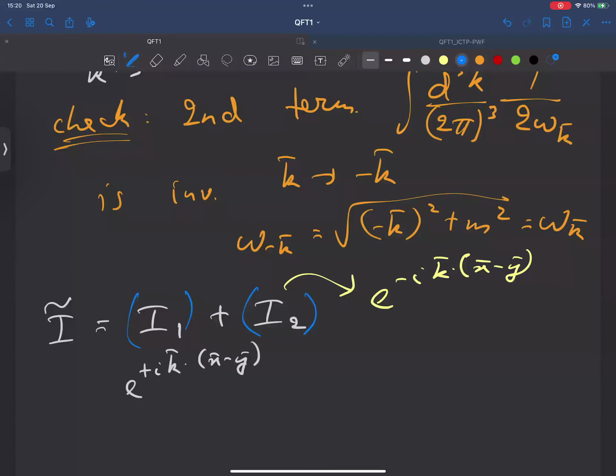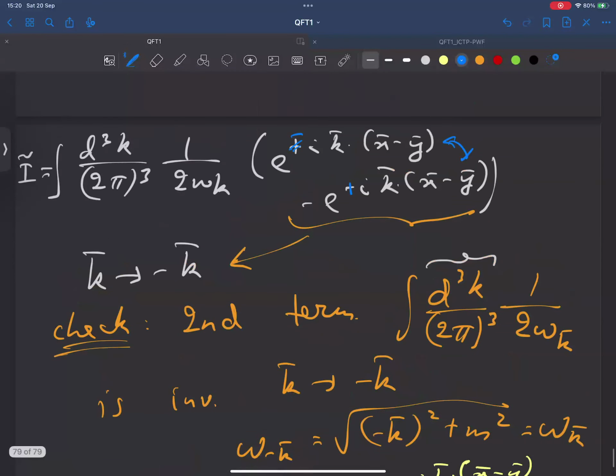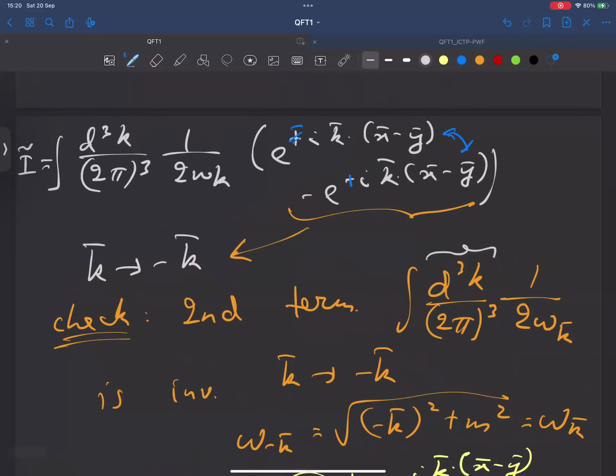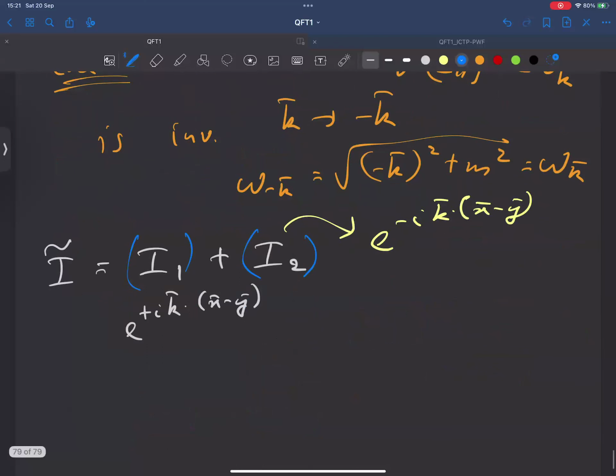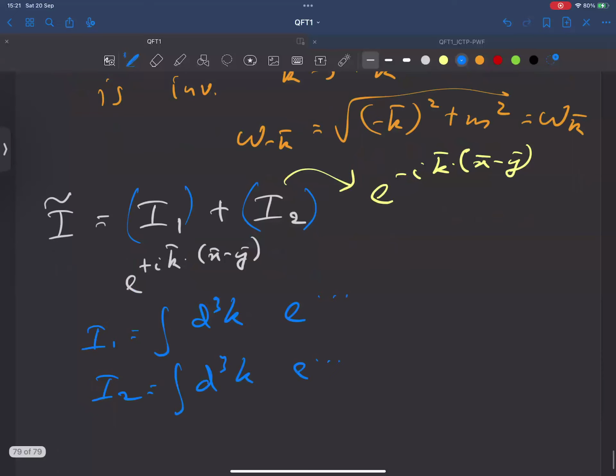In other words, you are integrating over the whole k, right? Now note that I1 was a k integral and then this factor, and I2 was also a k integral. Now, because these are integrals, you can call it k prime. So k prime here and k prime here. That's fine because these are dummy indices.